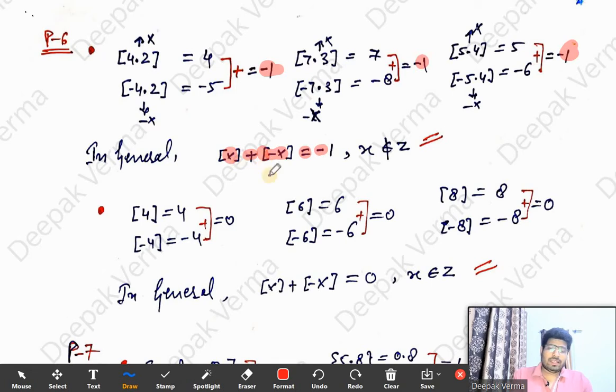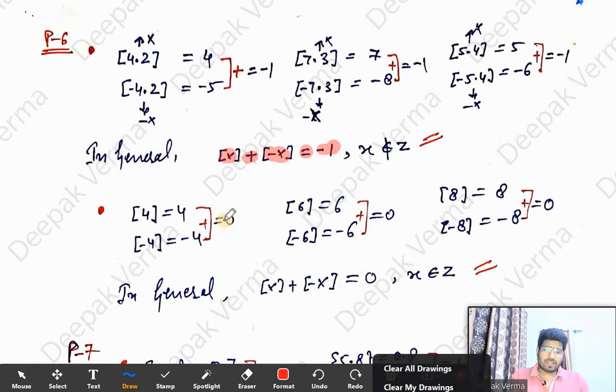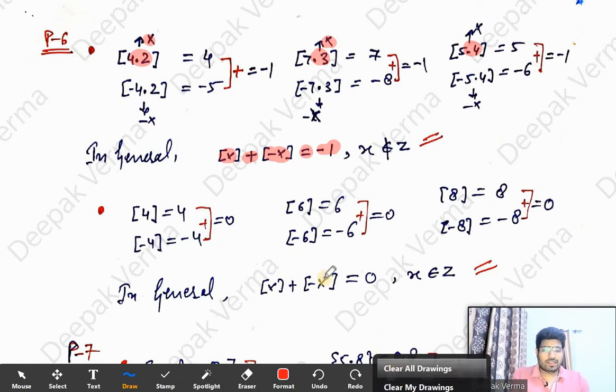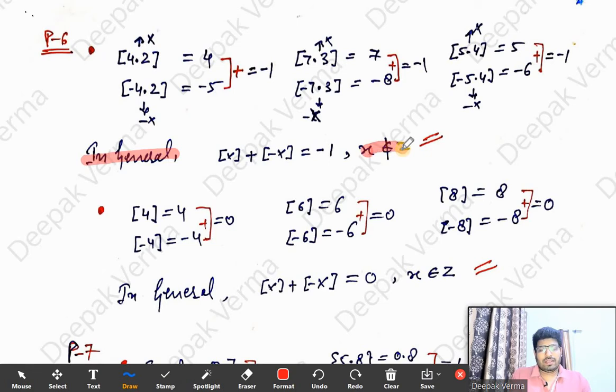But observe one thing: in the examples we have taken, x is not an integer. So the sum is equal to minus 1 when x is not an integer. Clear? So this property holds when x is not an integer. Remember this property. This is an important one.